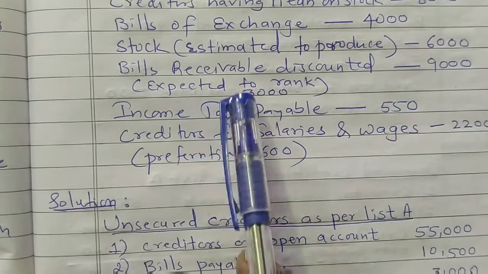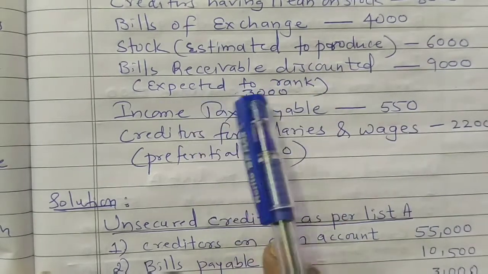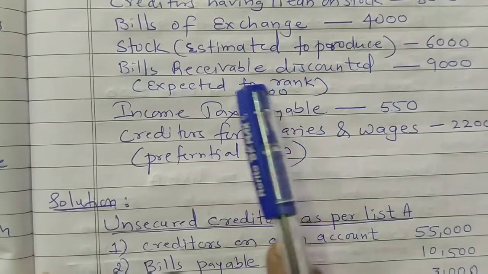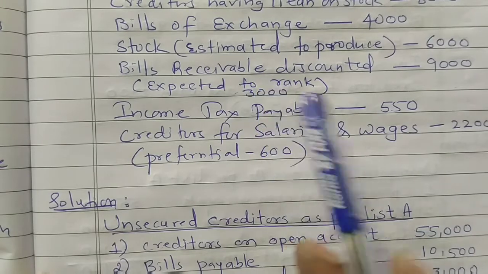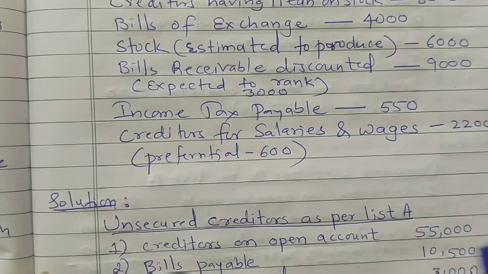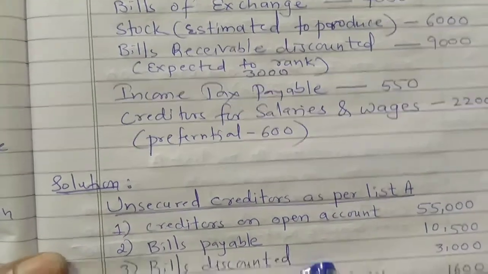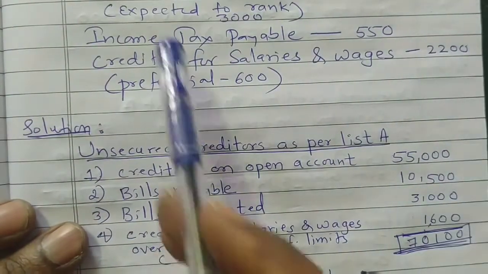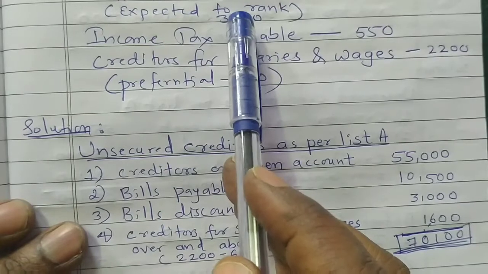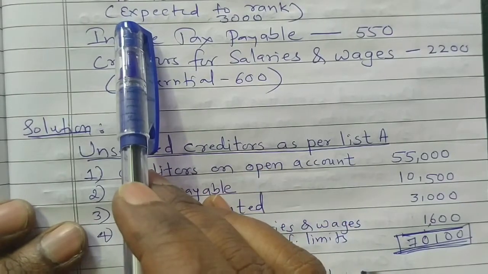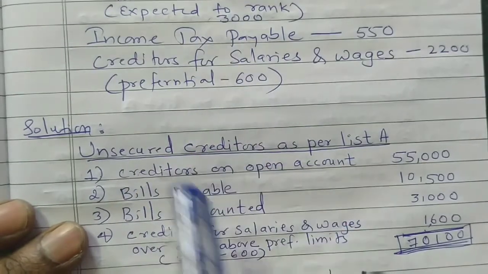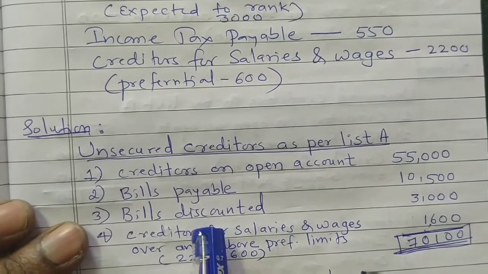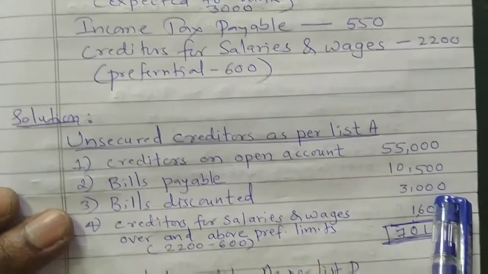In a bracket, the amount expected to rank, receivable and dishonored, such items are listed as unsecured creditors. So bills discounted 3,000 is the item of list A. Whatever amount is given in a bracket as dishonored, such items expected to rank must be listed in the statement of affairs. So we will consider this item, bills discounted, as 3,000.